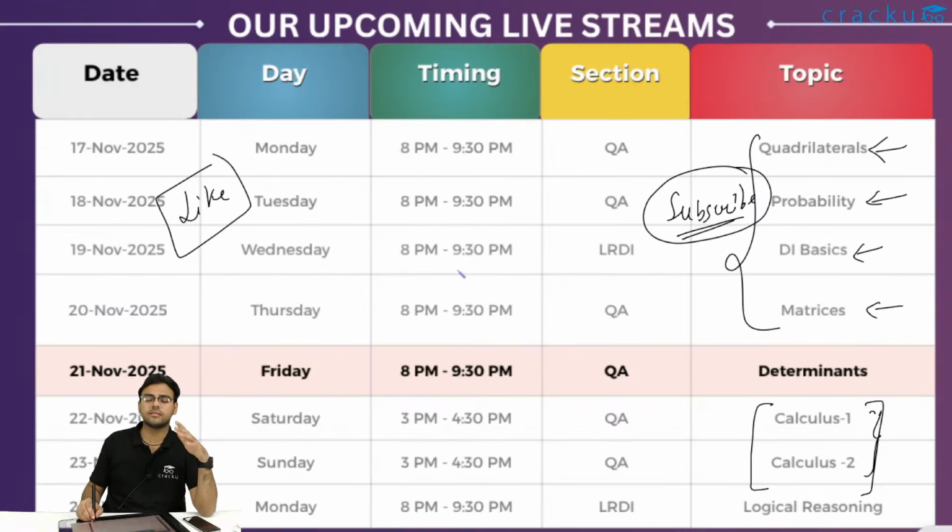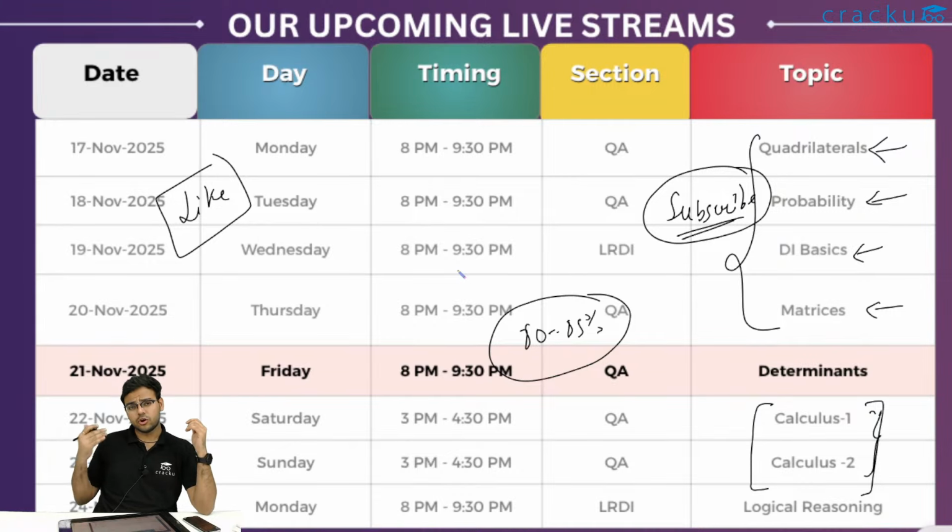We have the next classes on calculus, logical reasoning, and all other topics which have a very high probability of coming in the IIM B UG examination. When you go to the examination, we are very sure that 80 to 85% of your syllabus will be completed. There may be 10 to 15% which IIM Bangalore might provide, and if you find it in the official mock, we'll include those topics as well.